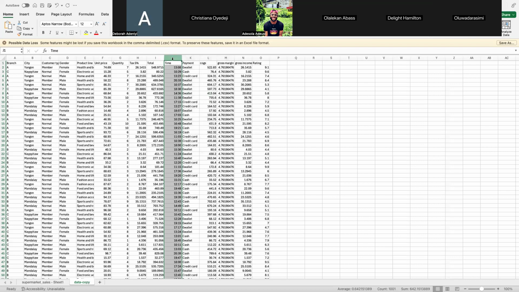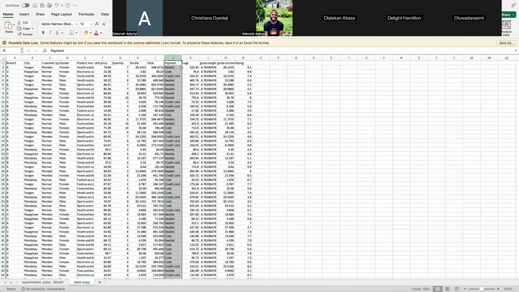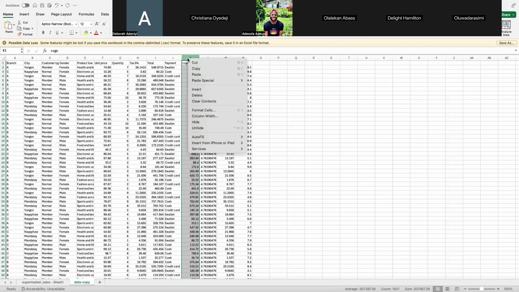Also, looking at time, what do you guys think with time? I want people to contribute. Do you think this time makes sense? I don't think we need it. Okay, so we'll delete this also. So we know why it's not making cogs. I don't know what cogs is. So first of all, let me just delete cogs.